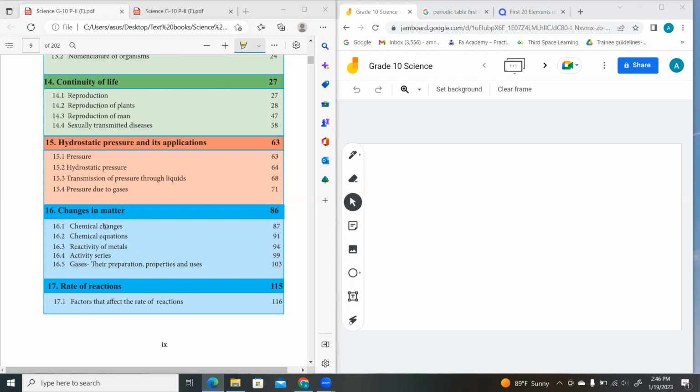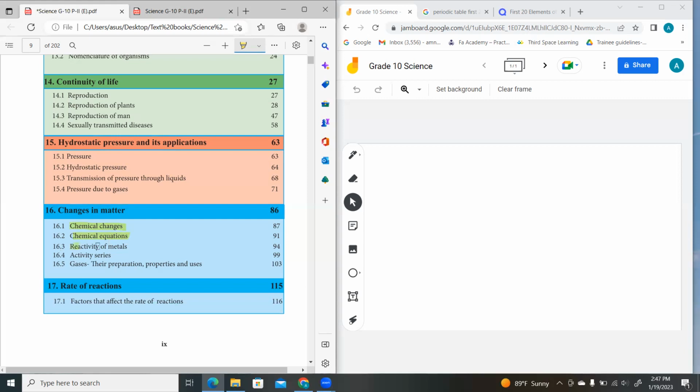The very first thing they're asking you all to learn is chemical changes, and then chemical equations. First, you will be learning what the chemical changes are, and next, what the chemical equations related to those changes are.